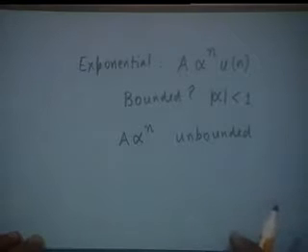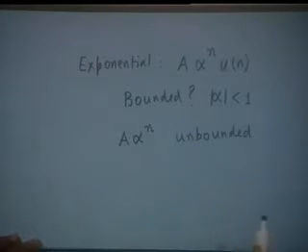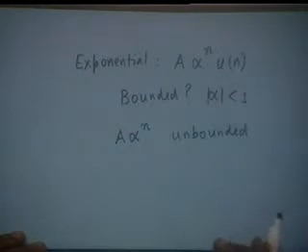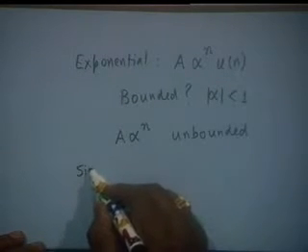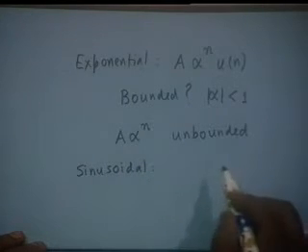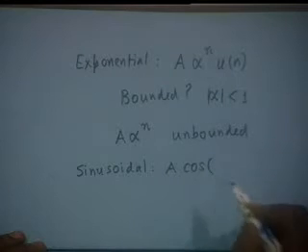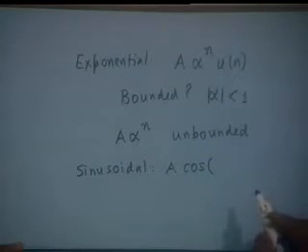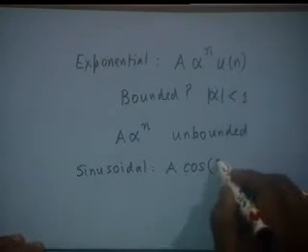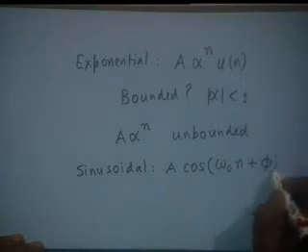And then we consider the most important signal in practice, and information is transmitted only by such signals, or a combination of them, that is the sinusoidal signal. The most general signal, cosine or sine does not matter, is A cosine omega 0 n plus some phase, let us say phi.